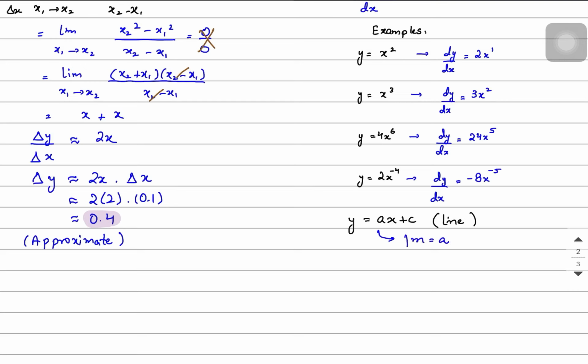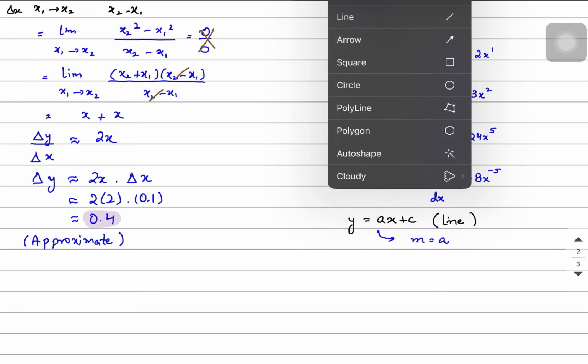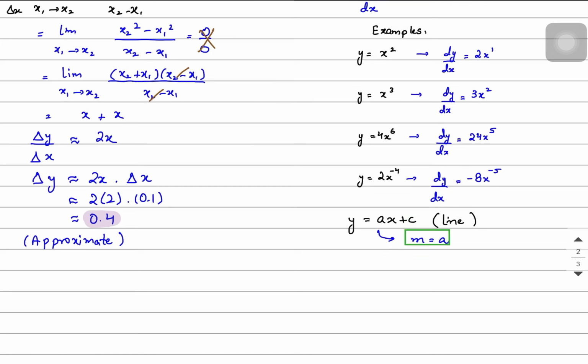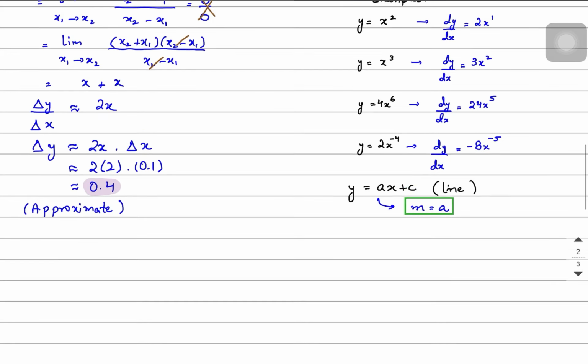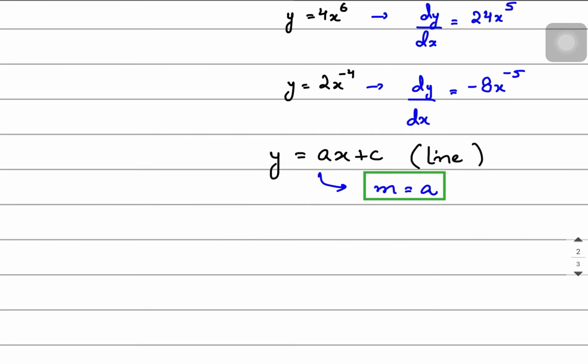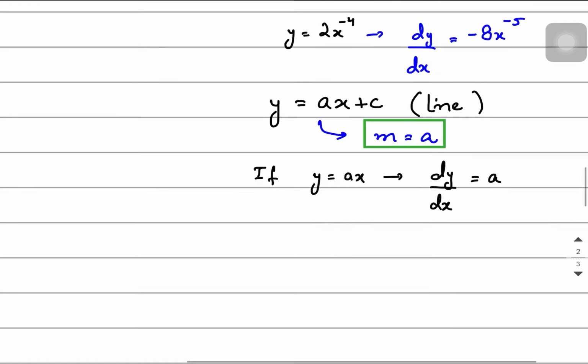And how is a gradient represented? It is represented by dy by dx. So in short, if y equals ax, the gradient is a, or I would say that dy by dx equals a.